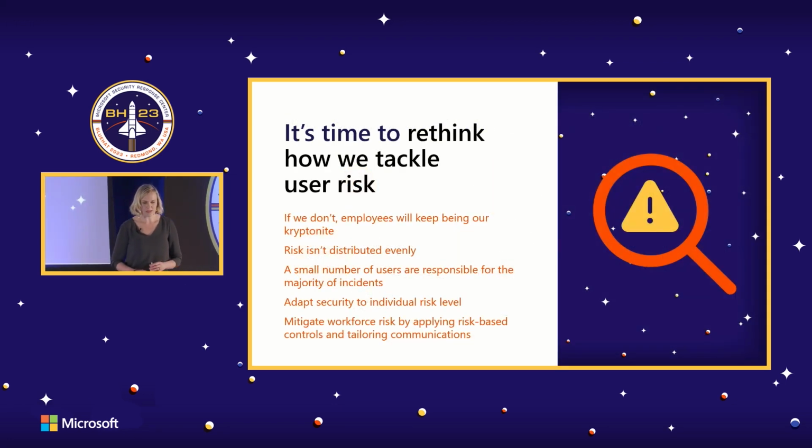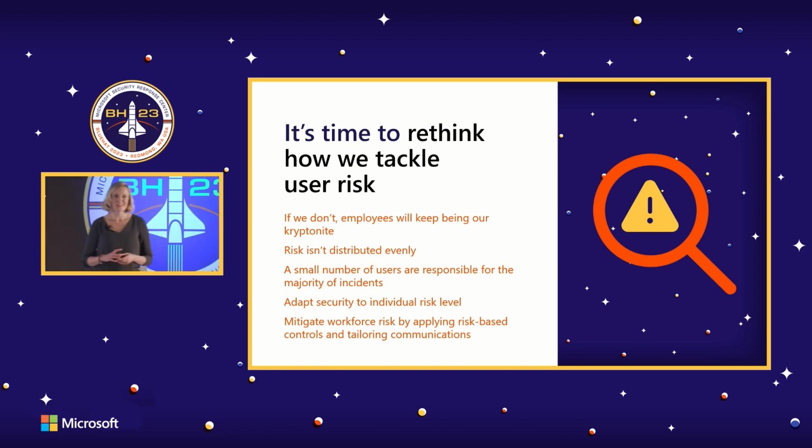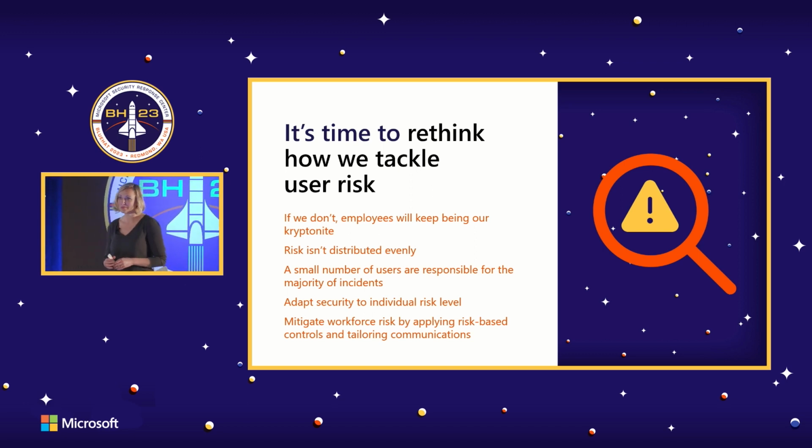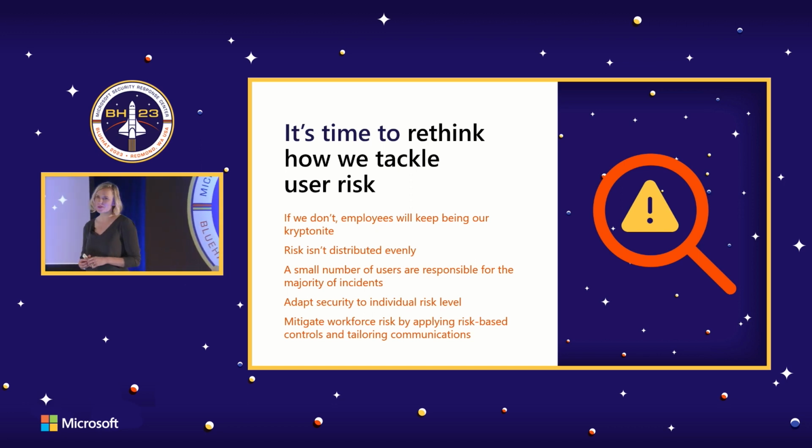So to wrap this up, when we take a look at user risk, the way that we are thinking about it across the organization is quite antiquated, with the best practices being the same things we've done 20 years ago. And it is our largest opportunity to rethink how we defend our organizations. And the good news is it's not distributed evenly.